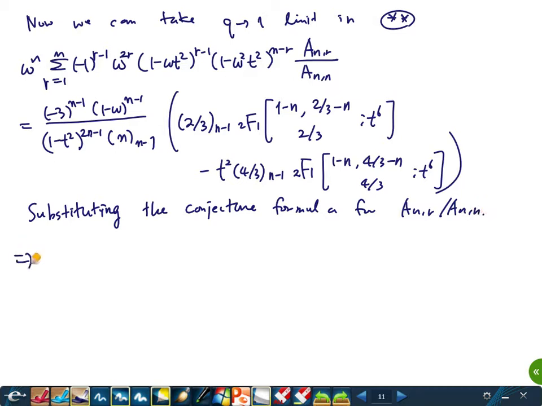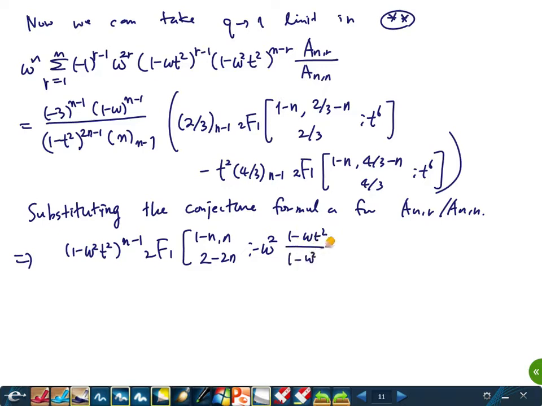Then we get the left-hand side is like this. 1 minus W. Minus, equals over here, this part, right-hand side here.